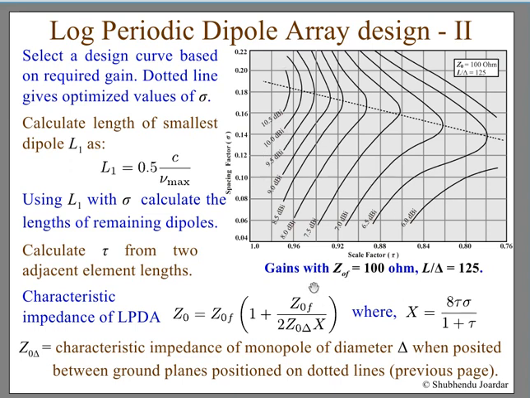You can see these curves. On one side it is the scale factor tau and on the other side the spacing factor sigma. Now these curves are the gain curves of the antennas, and this is for Z0 equal to 100 ohms. I have not explained Z0, I will explain it later.